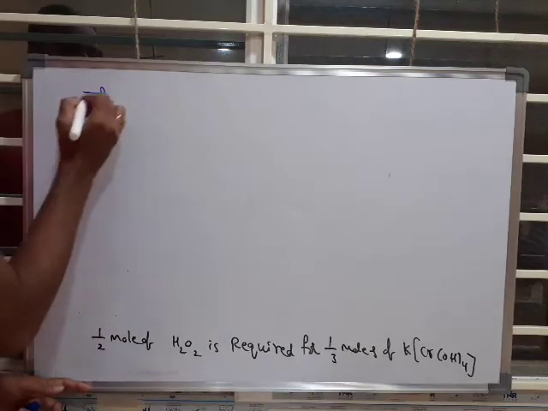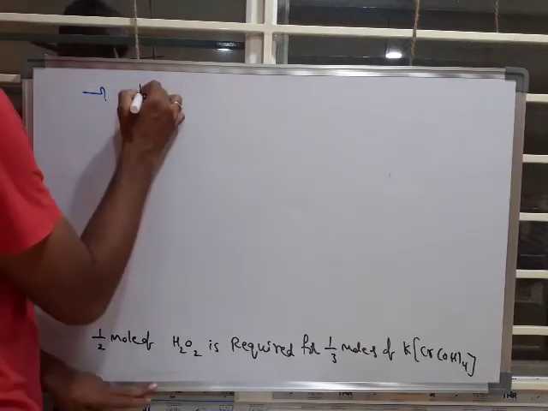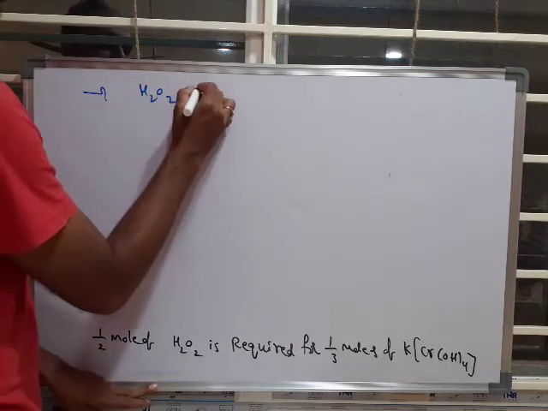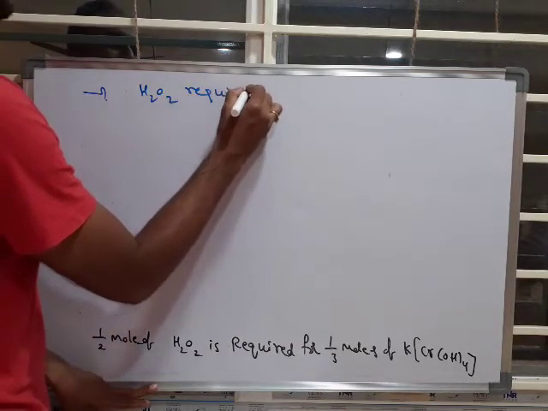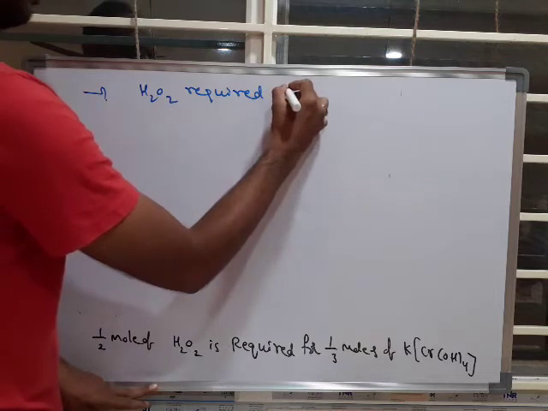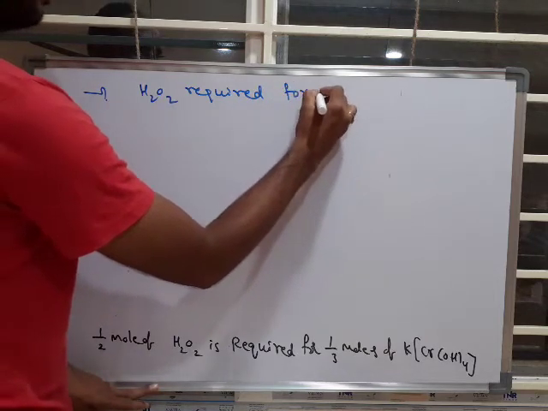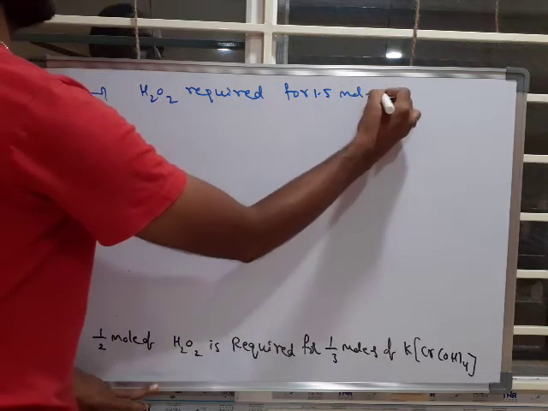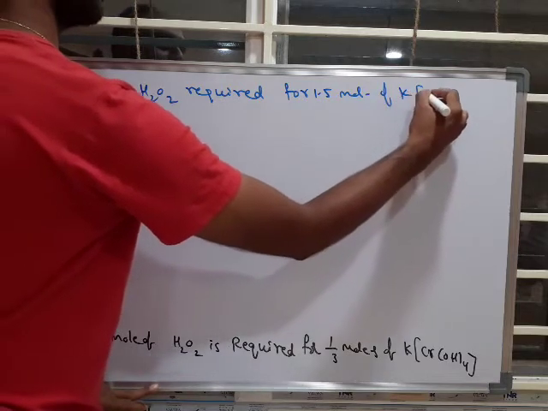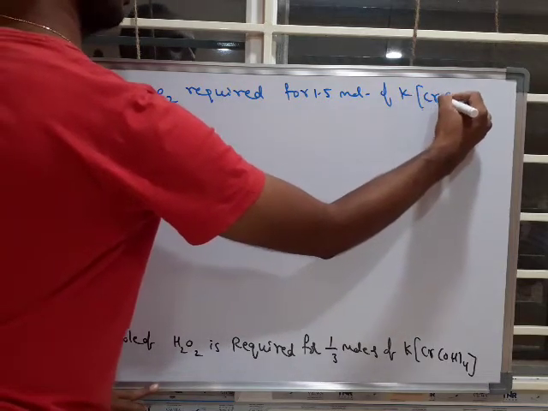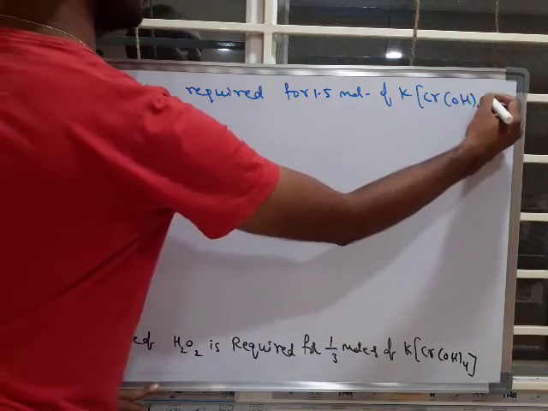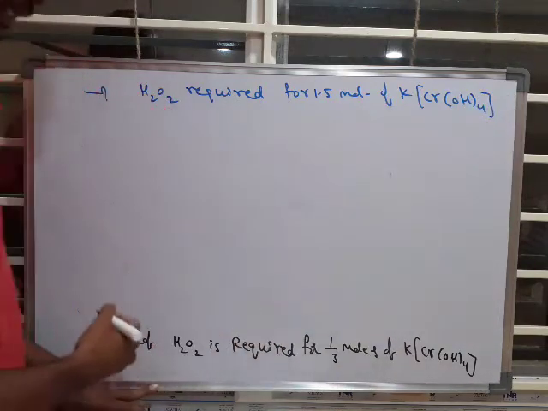So how many moles of H2O2 are required for 1.5 moles of potassium tetrahydroxychromate?